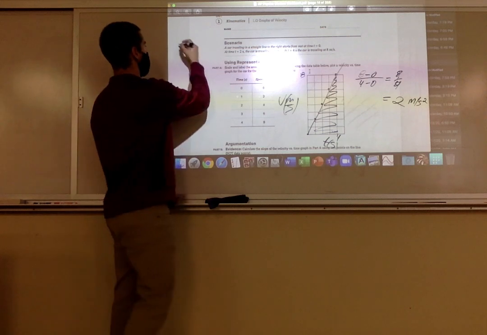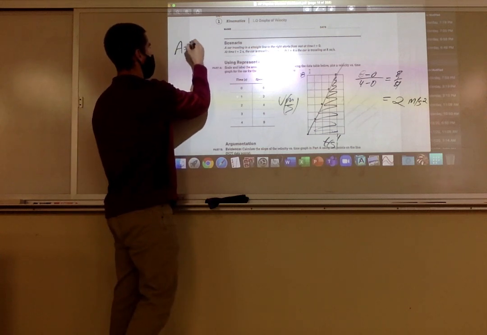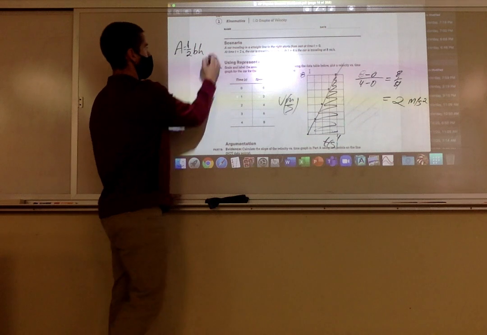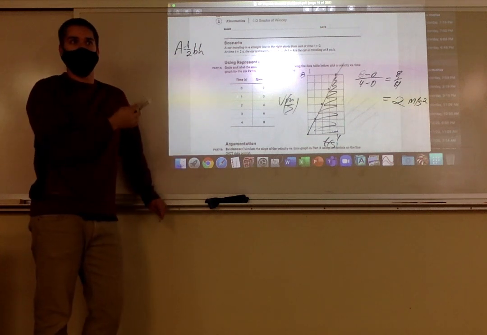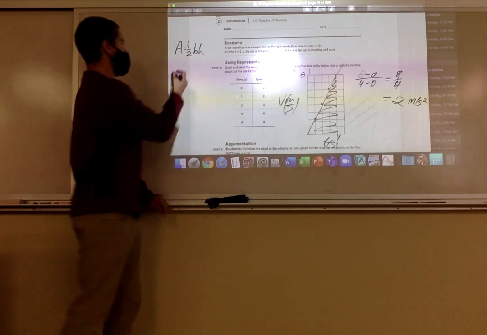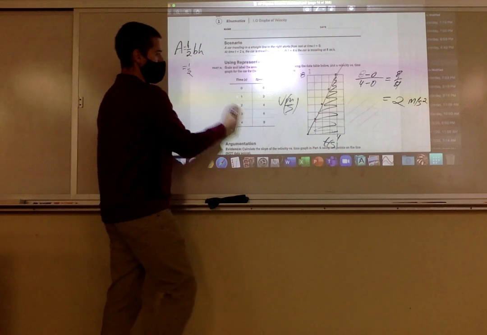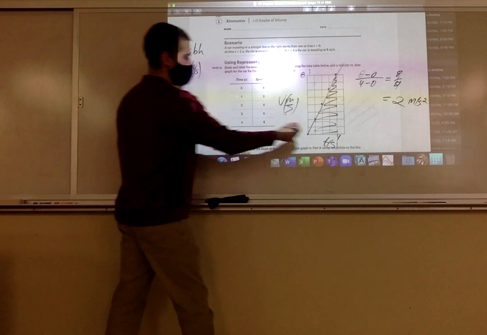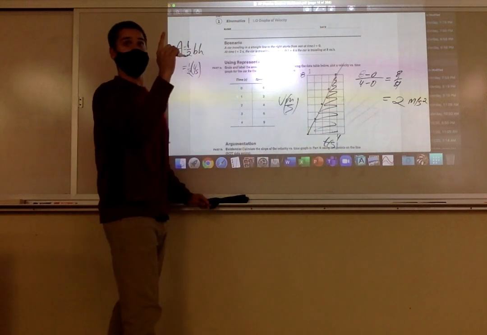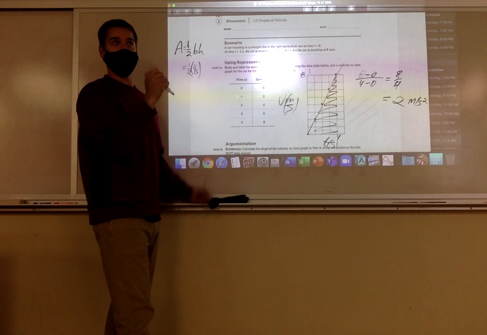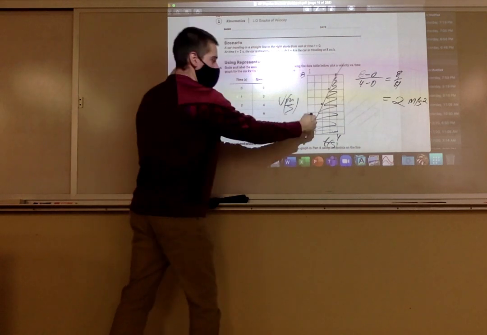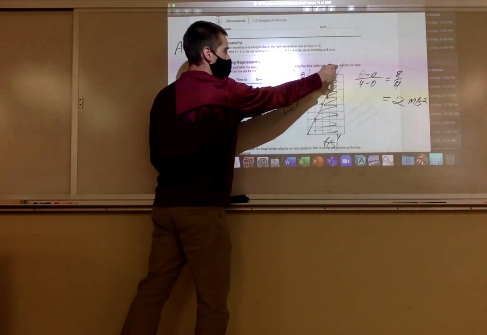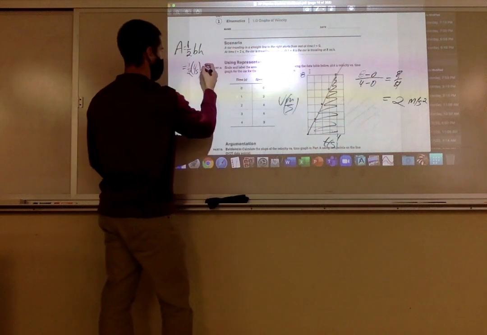Yeah. A equals 1/2 base times height. That's the formula for the area of a triangle, a right triangle. Well, we can do that easy. What's the base? Well, 4 seconds. What's the height? Again, the height is the largest part. I don't want it here. I don't want it here. I want it for the whole area. So my height is 8 meters per second.